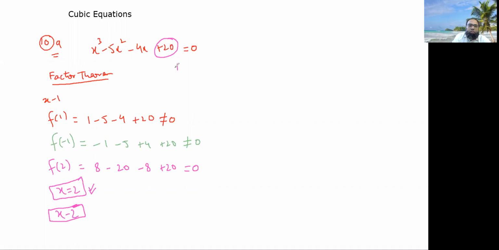You can try plus minus 1, plus minus 2, plus minus 4, plus minus 5. In fact, when you try plus minus 2, there is no need to try plus minus 4, because it really works with these numbers.